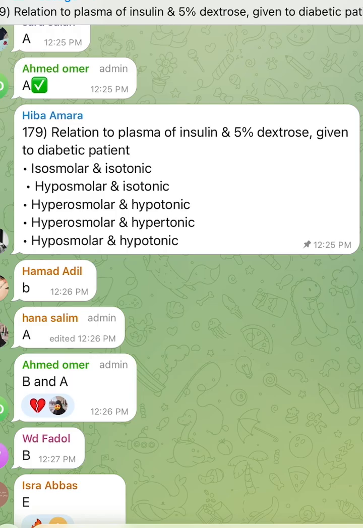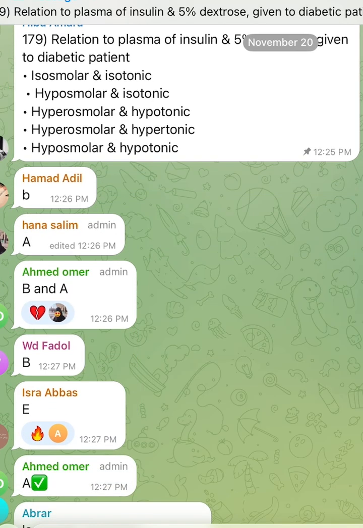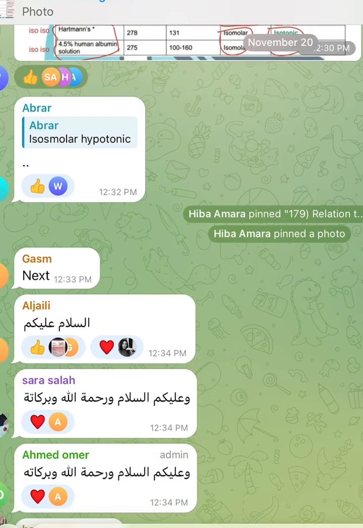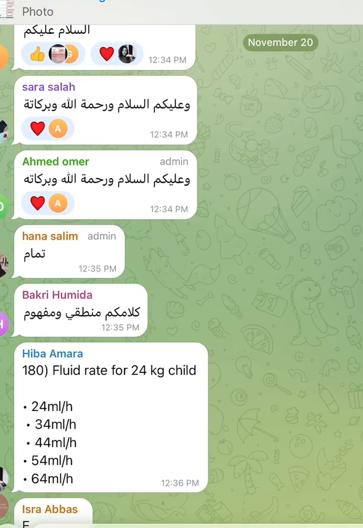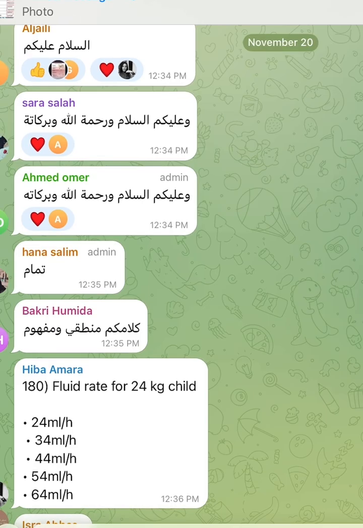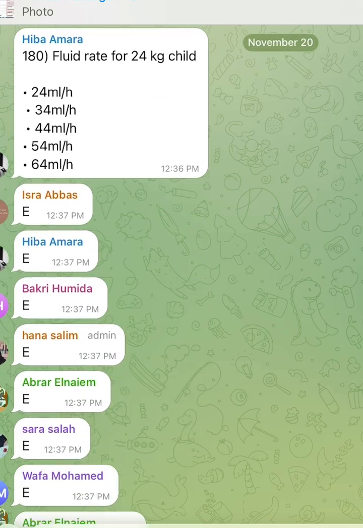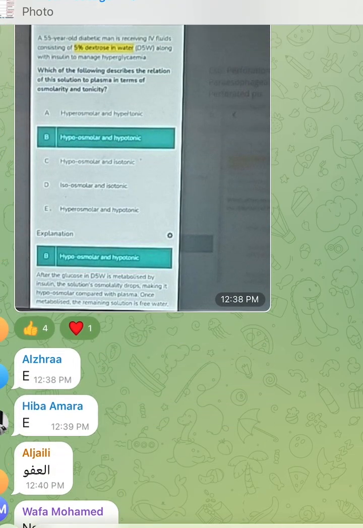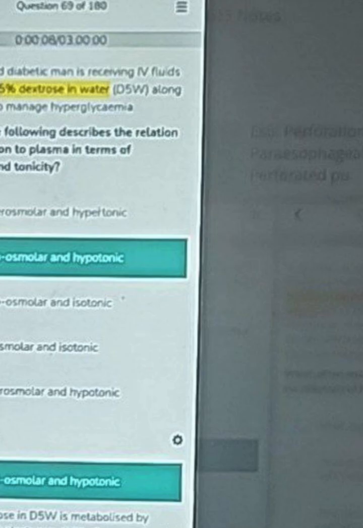That option is not there. Fluid rate for 24 kg. So it is 4 to 1. First 10 kg 40, next 10 kg 20, 60, 68, 64. So this is hypoosmolar.